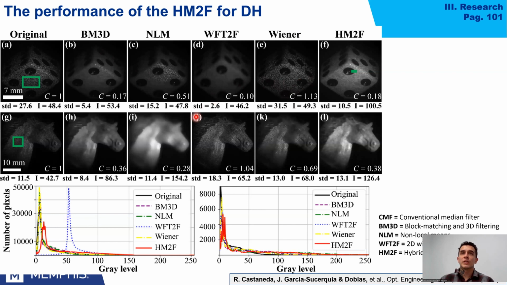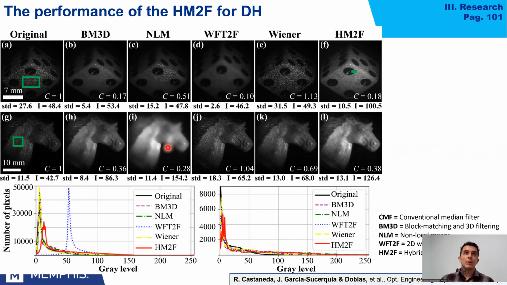So, for instance, take the non-local mean for the case of the horse. We have here in this image the reconstruction of a die and a horse. In the case of the horse, the reduction of the speckle contrast is 0.28 by the non-local mean. However, you can see that the information of the sample is completely blurry.